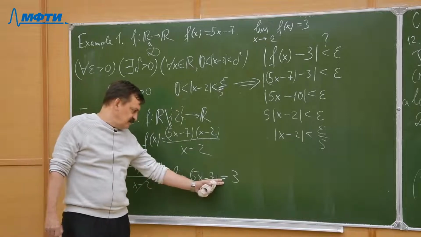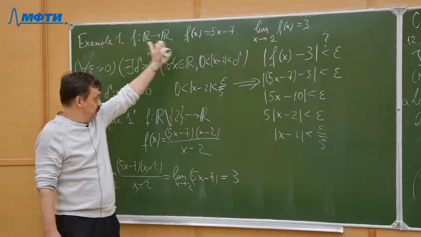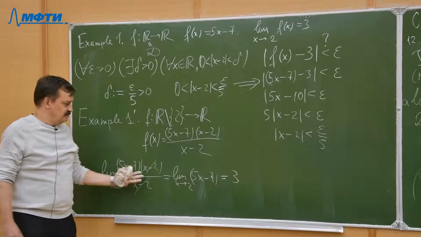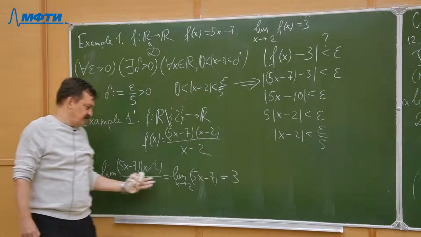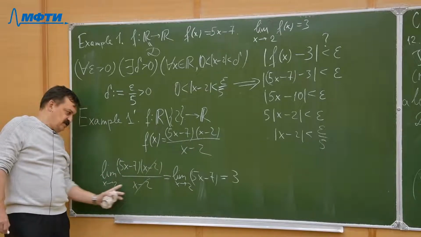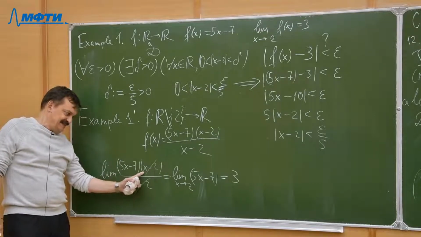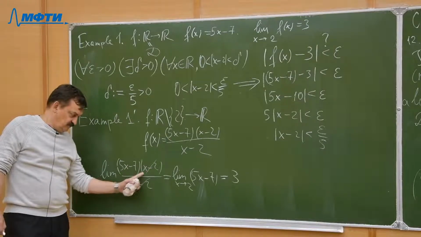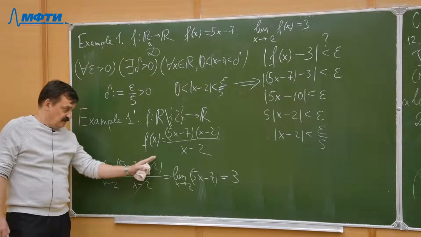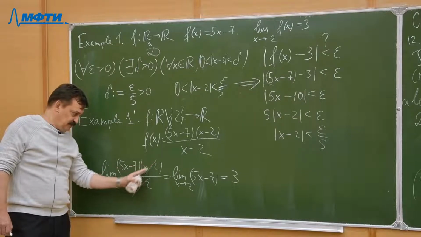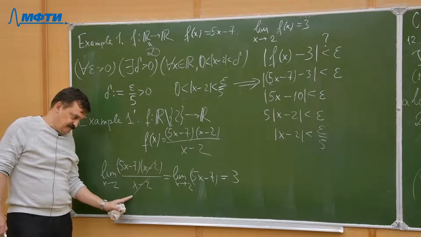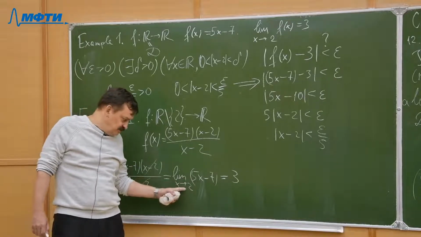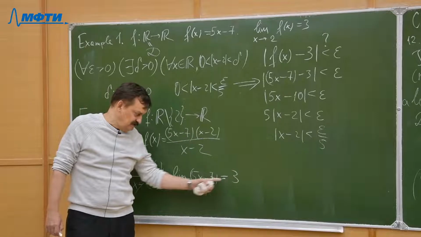Then the second equality was checked before. But now look, it's a very strange story. So firstly, we suppose x is not equal to 2. If x is not equal to 2, then we can cancel. After that, we substitute x equals to 2 and compute the limit.